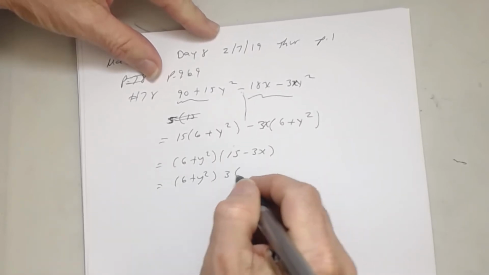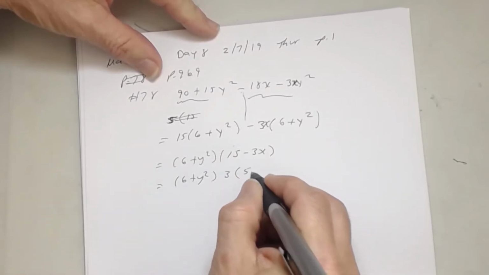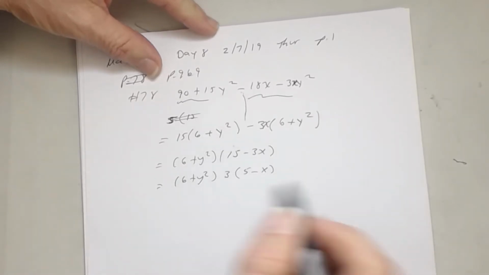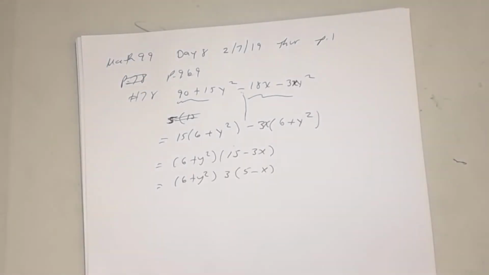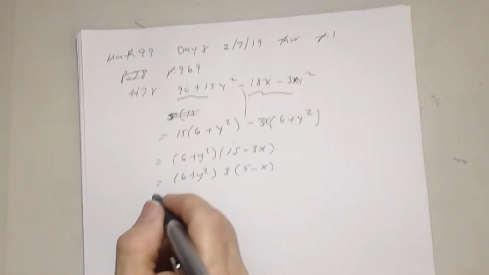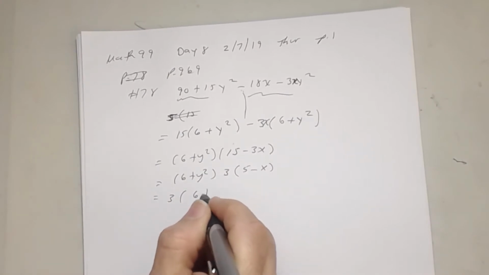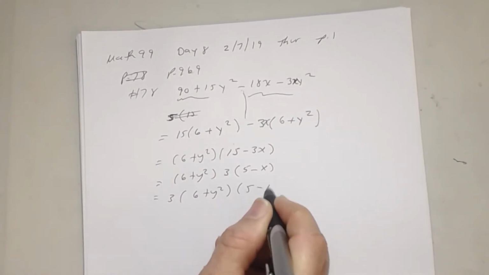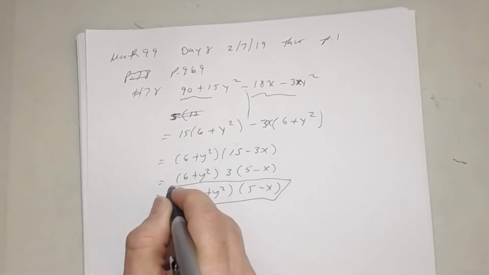I'm taking out a 3. 3 times what? 5 minus x. And normally we put that GCF in front. So we're going to say 3 times 6 plus y squared times 5 minus x. So that's the answer you need.